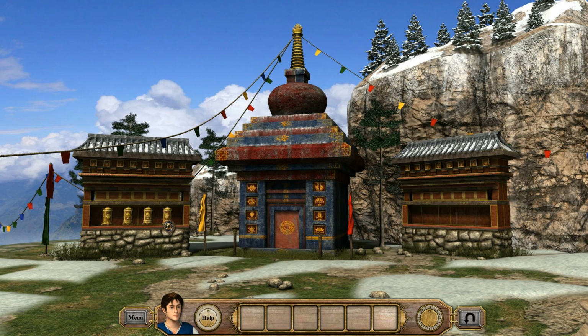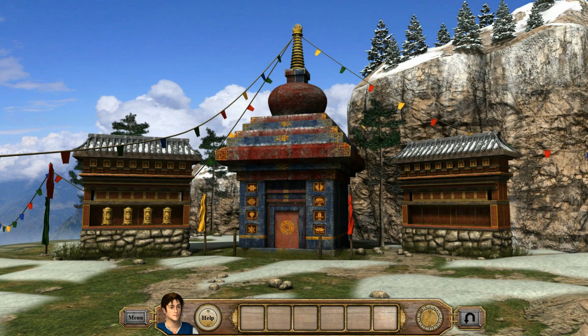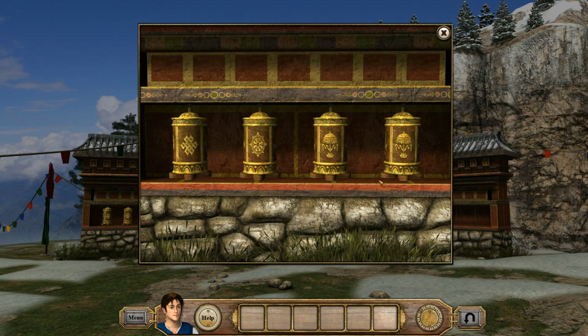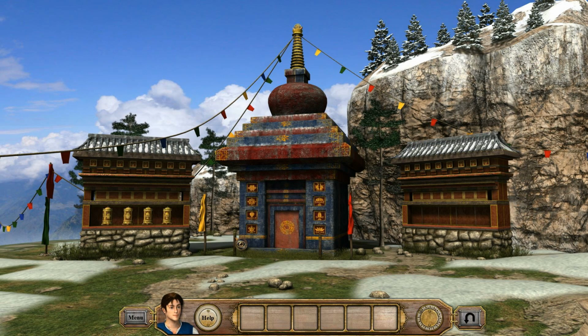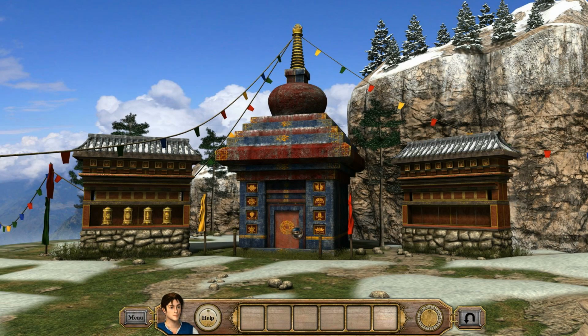So it's the cross thingy, and it's the wheel. Then it's the turtle. Okay, no it's not. No, I need that one. This is a different one. I think that's the one I need. And then this goes to that one.